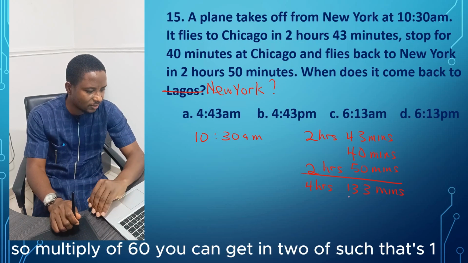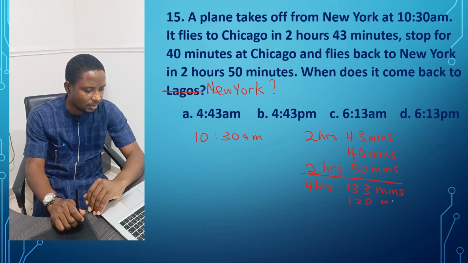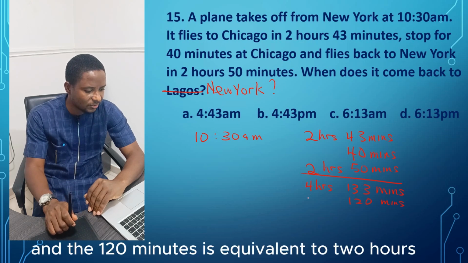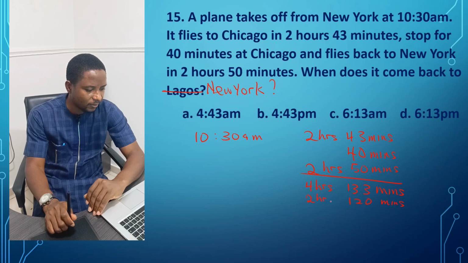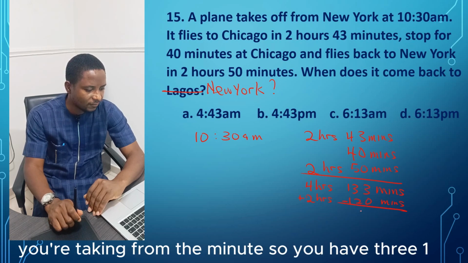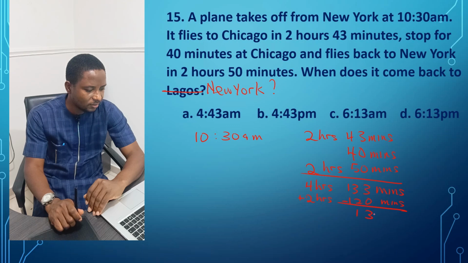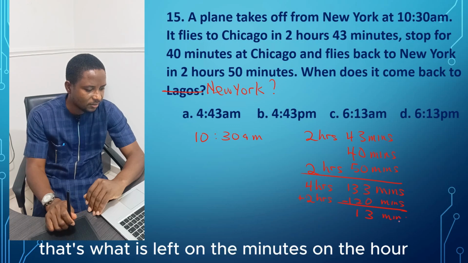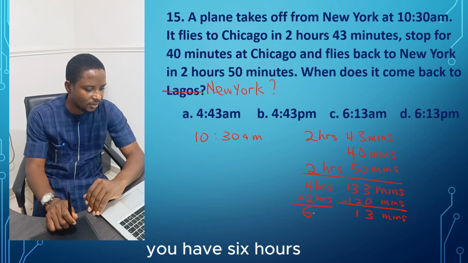So multiple of 60 you can get here. 2 of such, that's 120 minutes. And the 120 minutes is equivalent to 2 hours. So you're adding 2 hours, you're taking from the minutes. So you have 13 left on the minutes. On the hour, you have 6 hours.